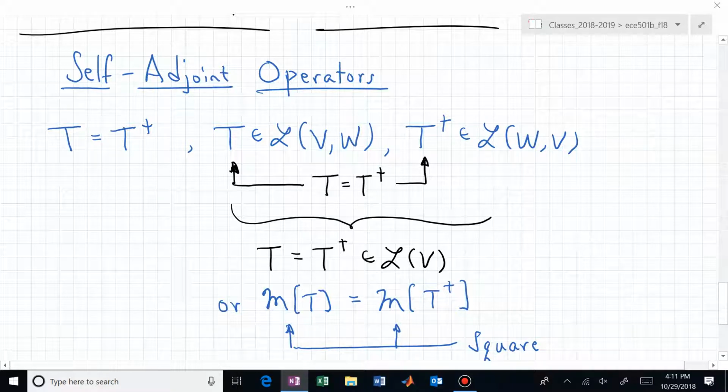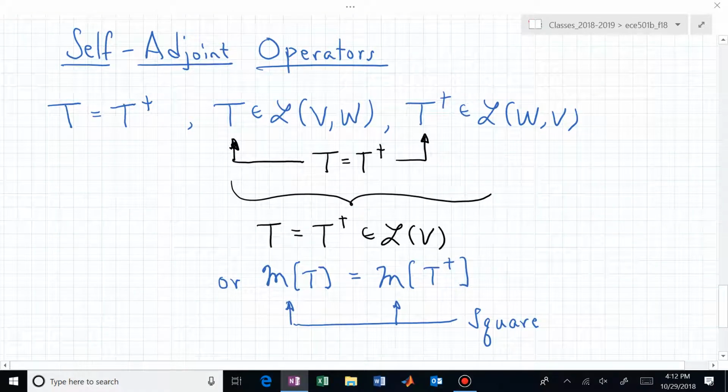We're now talking about self-adjoint operators. An operator means we're going from one vector space back into itself. And the matrix representations of those two maps are square matrices, since they're dealing with operators.